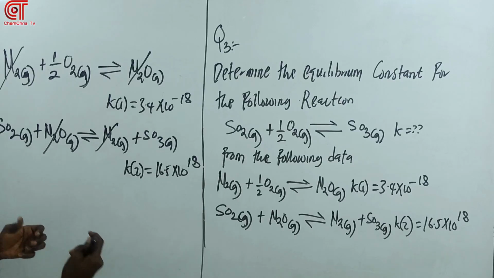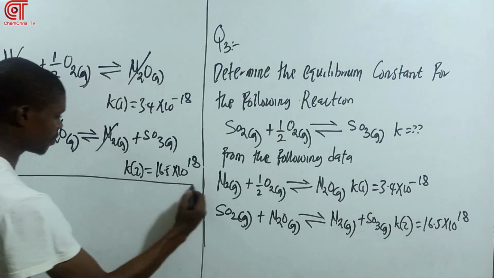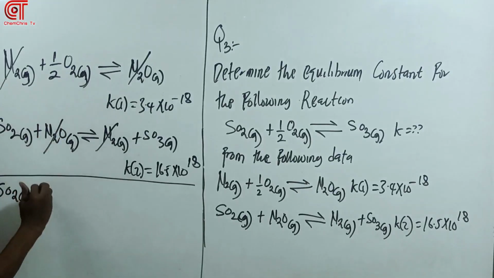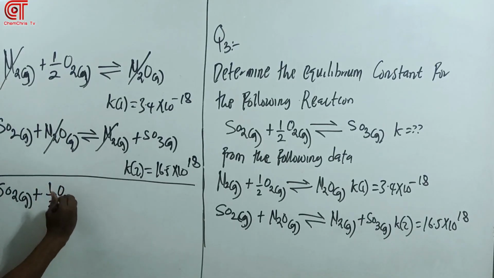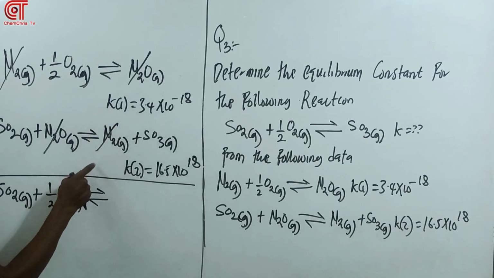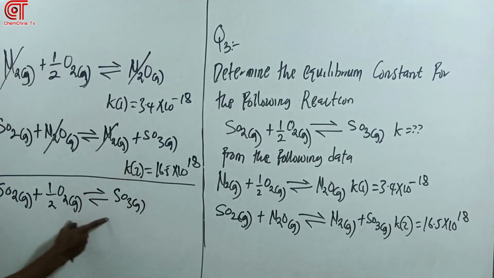So what is the last one here? When we combine them together, we get a final reaction. What is the final reaction? Here we have SO2 gas plus half O2 gas gives SO3 gas. So how do I get my K?